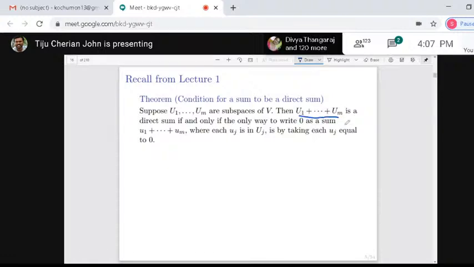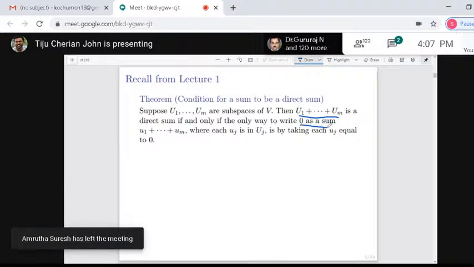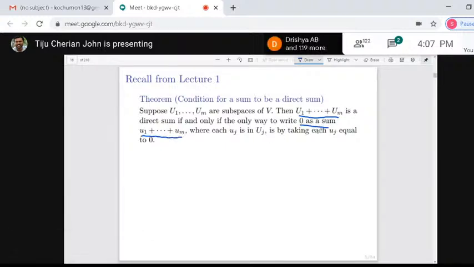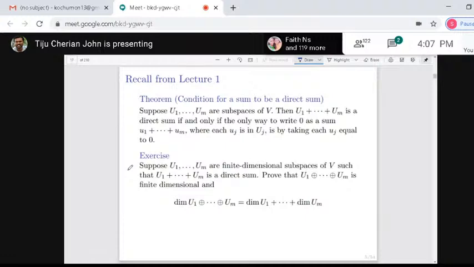It is a direct sum if and only if 0 can be written in only one way as a sum U1 + ... + Um, where each Uj is in the subspace Uj. And from here, there is an easy exercise. I sincerely suggest that everybody try it yourself. I will not do it.